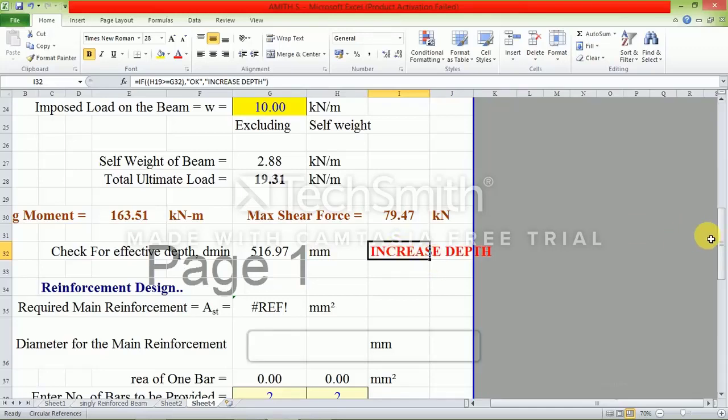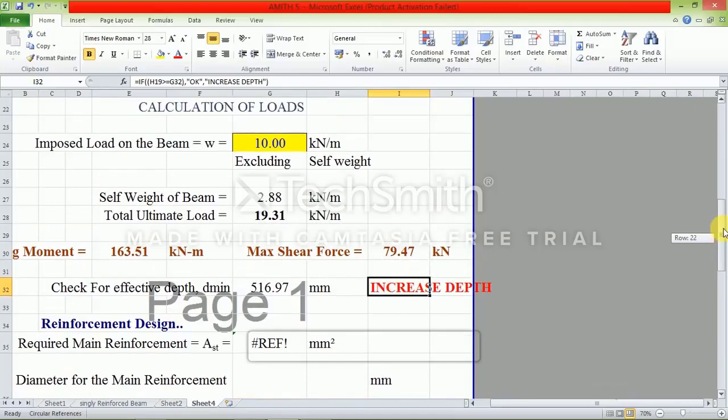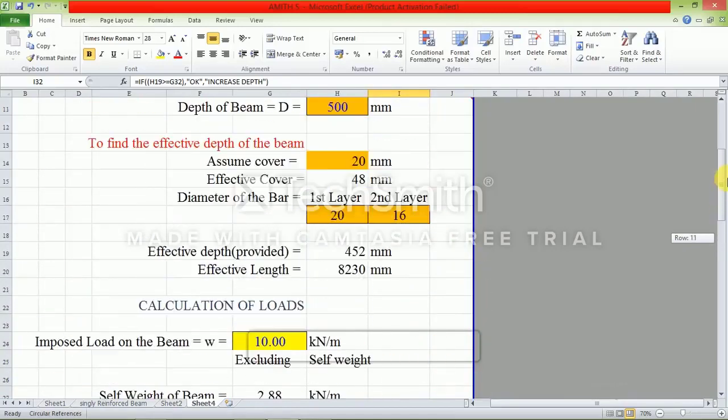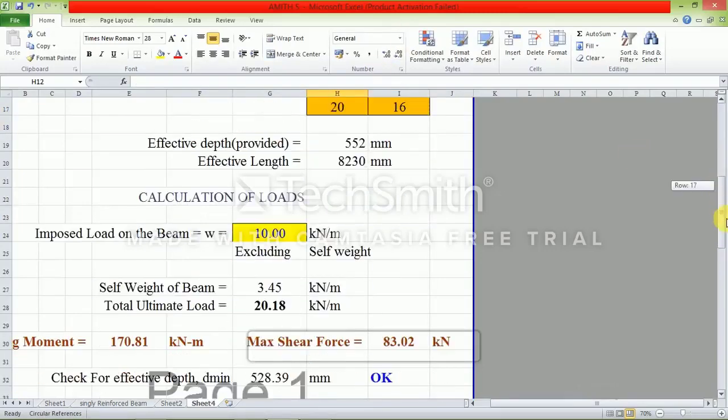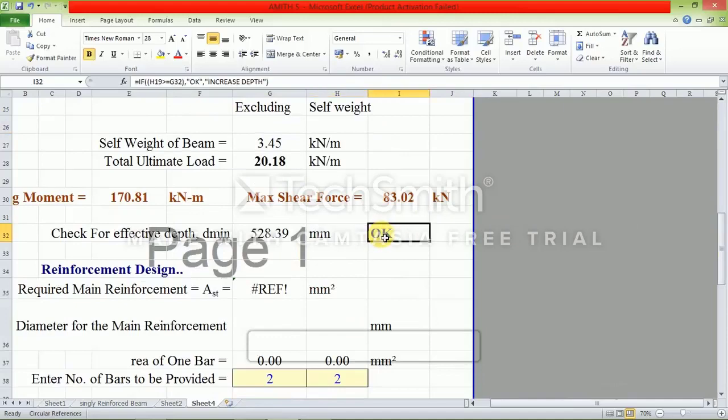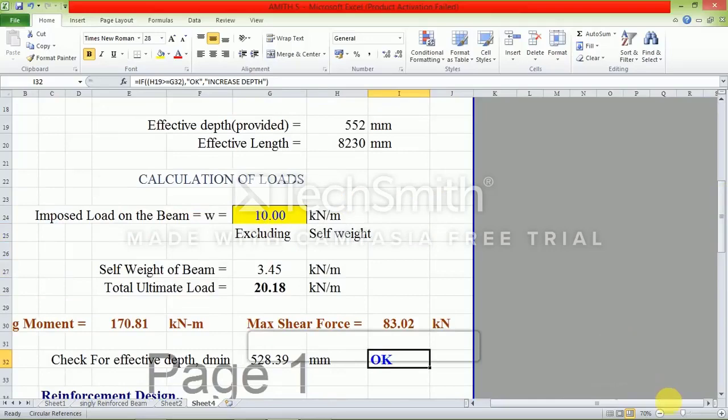Now what I need to do is increase the depth. The overall depth is 500, let me increase it to 600. Now I'll come down and see, now it is showing okay. The structure is safe. I'll zoom it out.